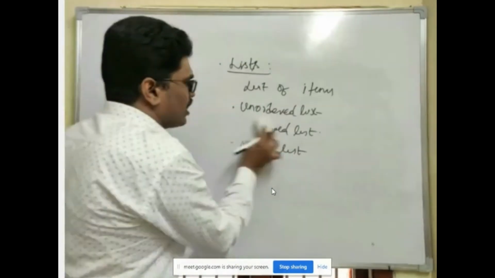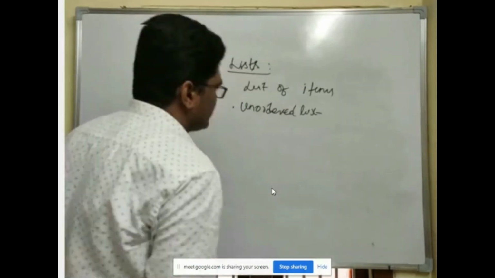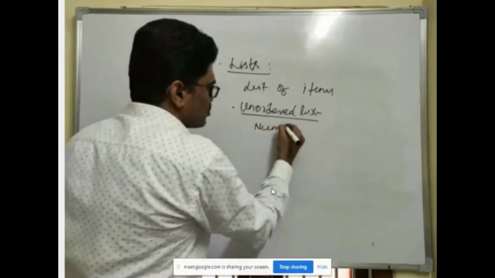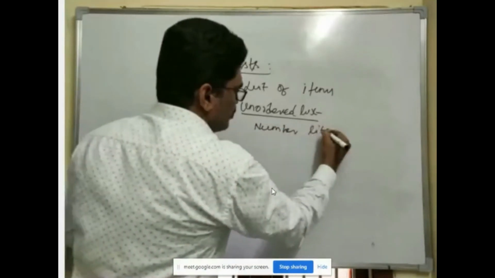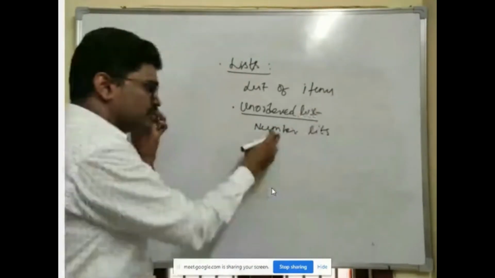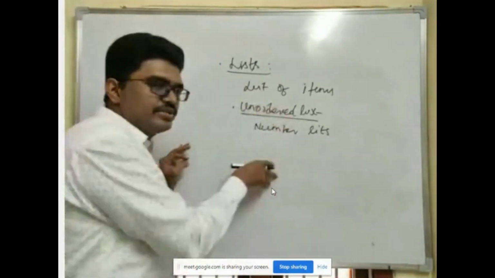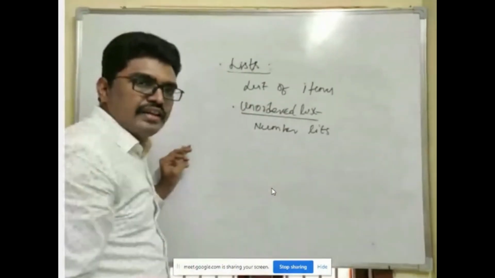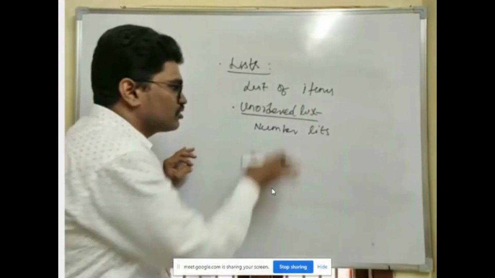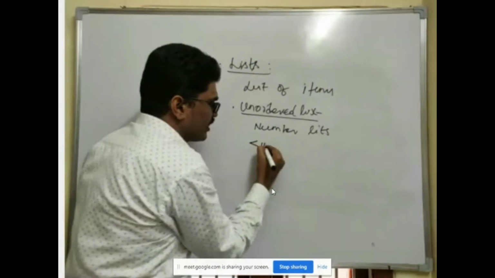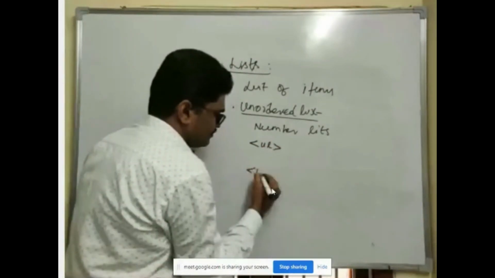In an unordered list, the items will not be numbered or ordered by using any numbers or alphabets. The tag used for it is UL.